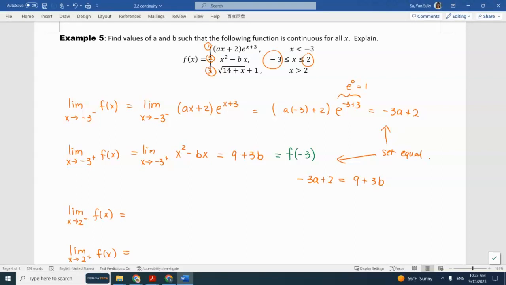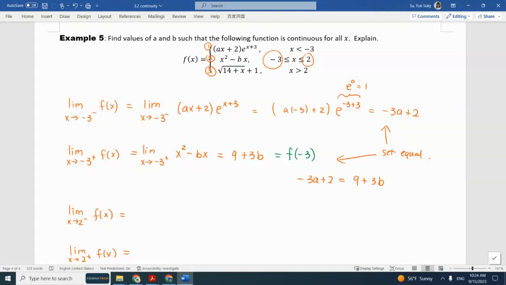You want to have all the variables on one side and the constant on the other side, right? And here, do you see this minus 3a is negative? So if you move it to the right, it becomes positive. And so then you have a and b with positive coefficients. Okay? So it looks like it's better to move the 3a to the right and then move the 9 to the left. Okay.